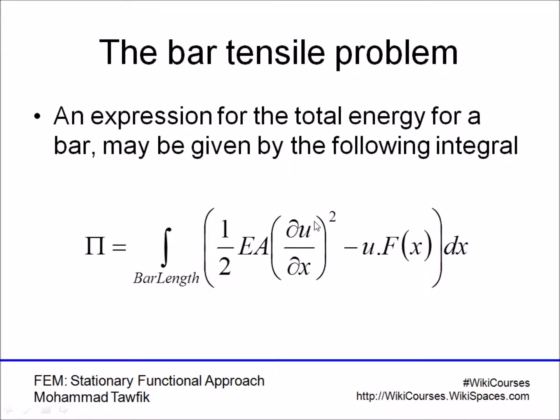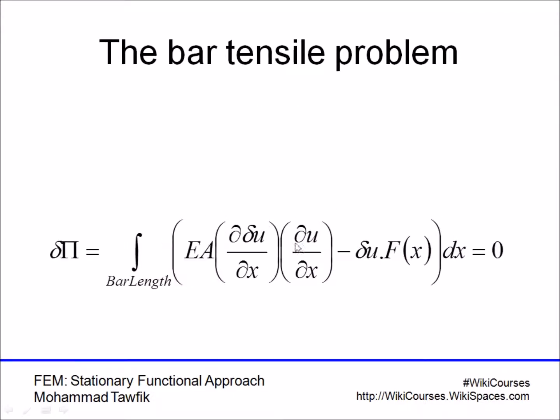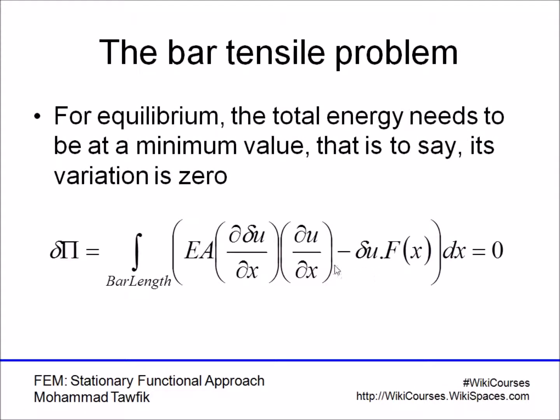And the mathematicians of the variational method said that the variation of the differentiation is the differentiation of the variation. So we can just say here that this is partial by partial x times the variation of u.